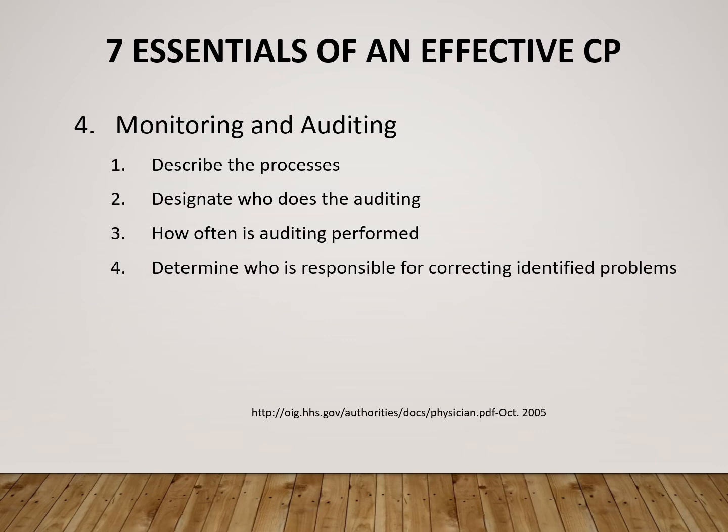For example, an Emory University would certainly have a much more elaborate process than, say, a one doctor, one staff person private practice. So there is no hard and fast rule on this. The rule is that you must monitor and audit your processes, have a defined process, and determine when it's done, how it's done, and who's responsible for it.